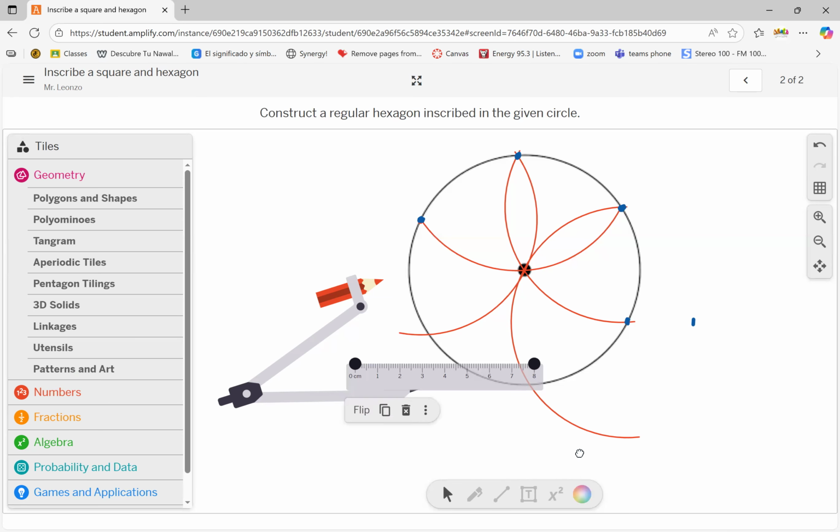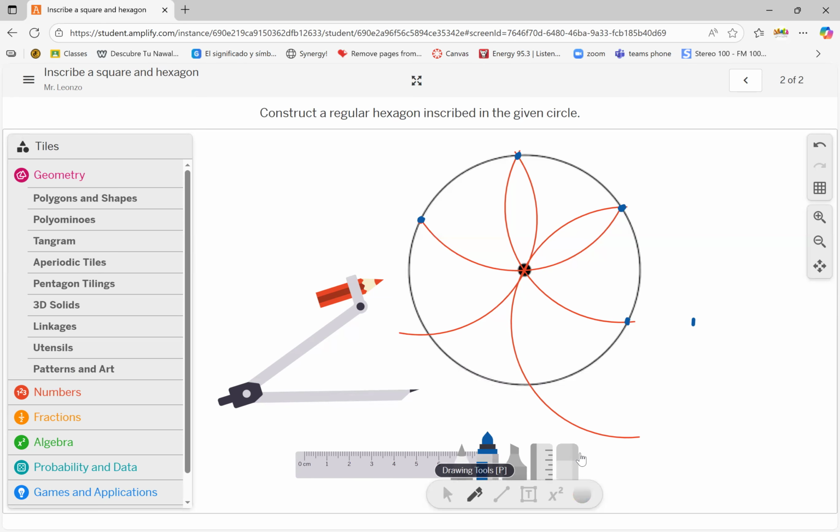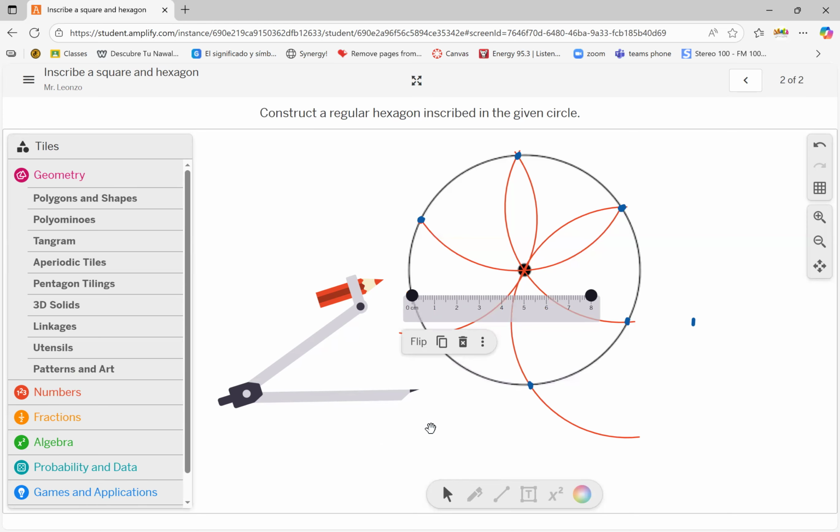Like I said, we can complete the daisy design, but I'm not going to do it. You guys see my 6 points? And then all we got to do is just grab a ruler and connect my points.